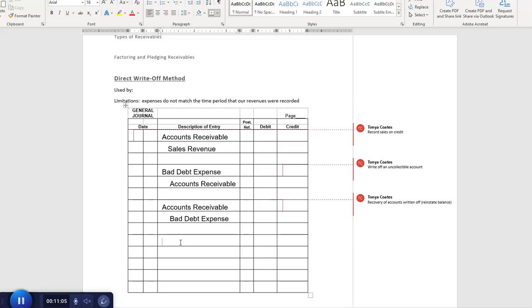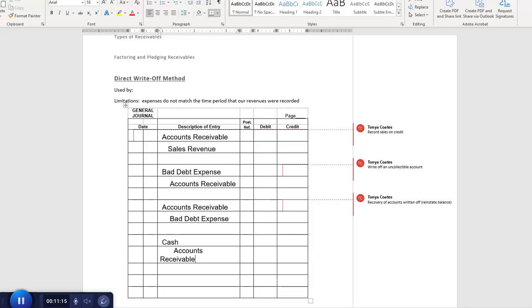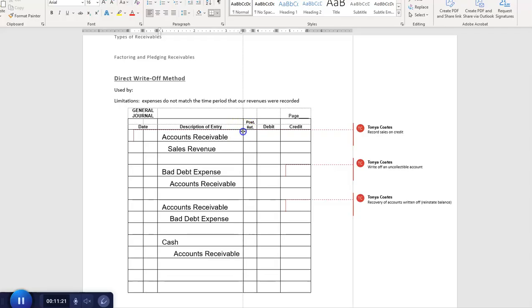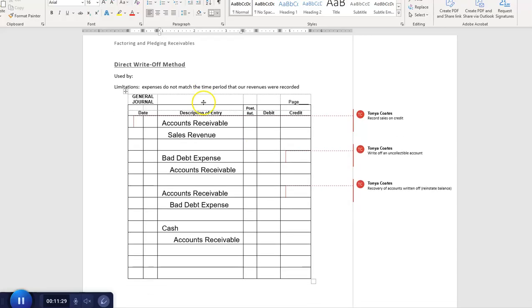Then with the cash that the customer paid us, again in part or in full, we would debit cash and credit accounts receivable. By taking those notes, you will have something to work with as you look at your practice and homework problems.